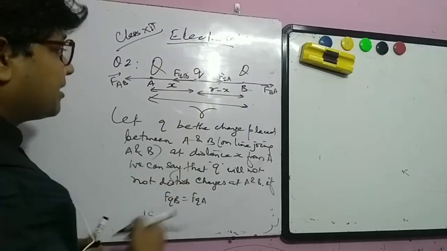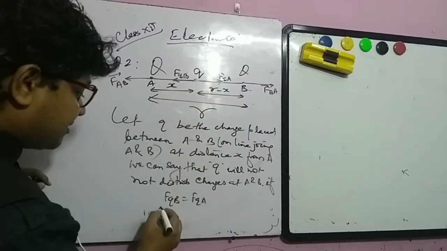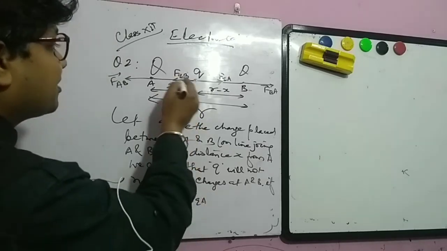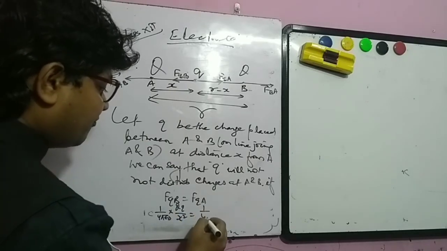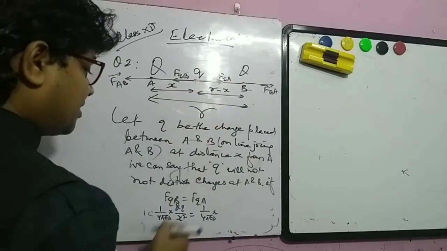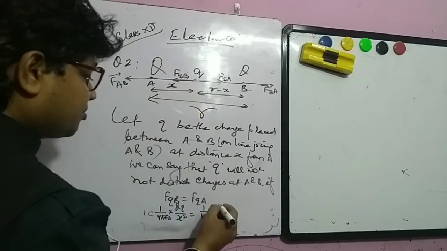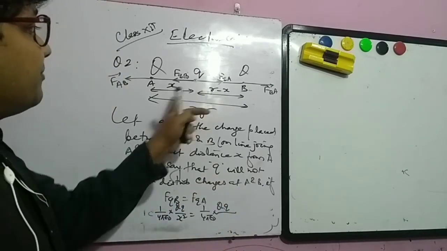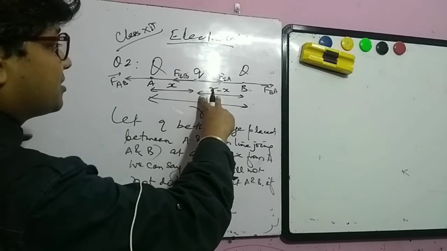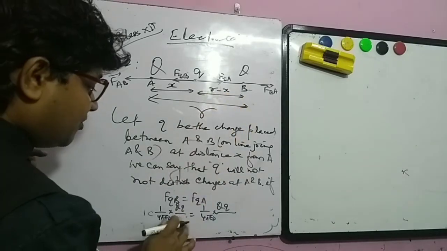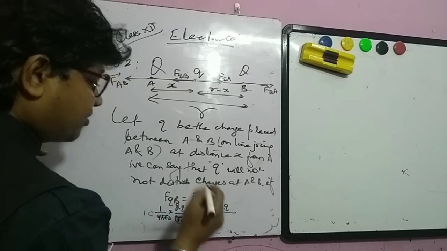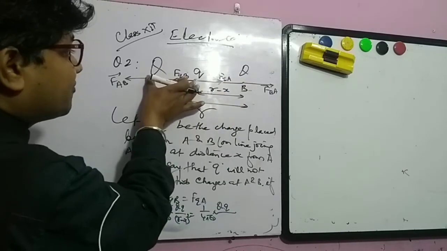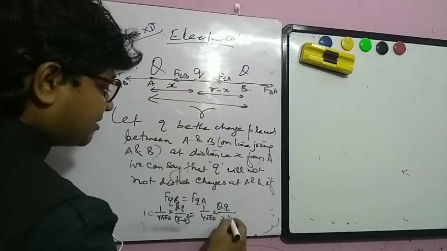अब आप यहाँ आगे बात करते हैं FqB, तो हम क्या लिख सकते हैं, 1/4 pi epsilon naught, and this is q into q, and what is the difference, this is x square. 1/4 pi epsilon naught, this is q and qa, FqA, so this is q and q, qB we are taking, so this is the qB, it means it will be r minus x whole square, and this we are taking qA, so this force is directed towards, and this is the force between q and here, so this will be x square, right.